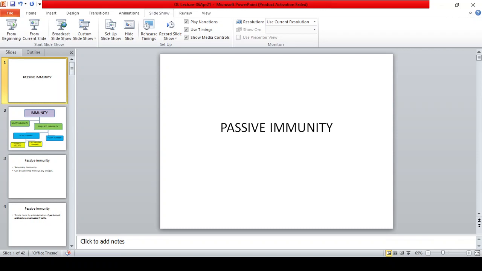In the last lecture, we studied about the immunization. In this lecture, we'll study the passive immunity and then the various disorders of immune reactions.